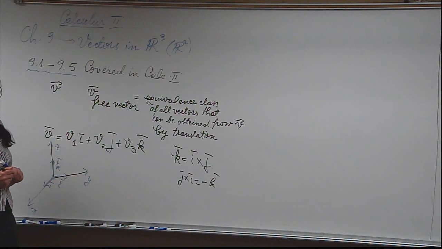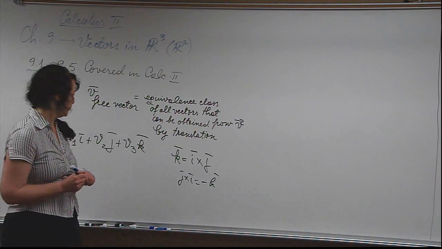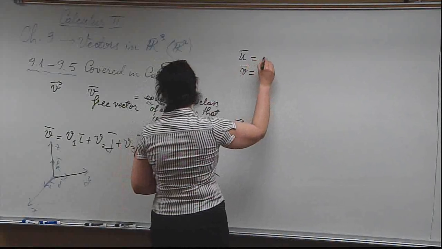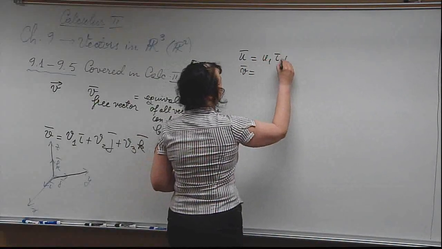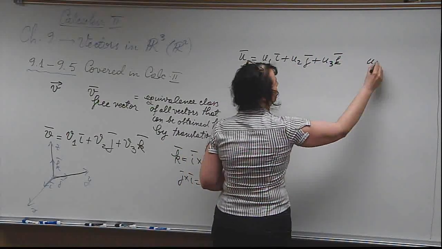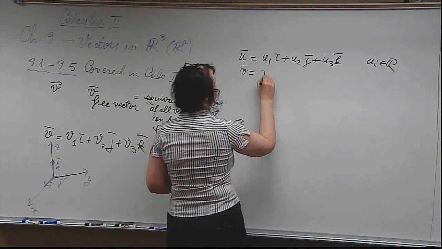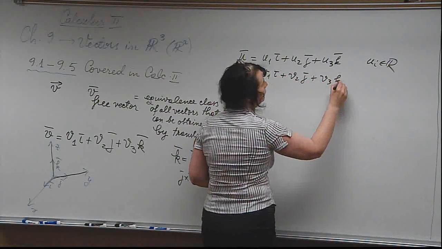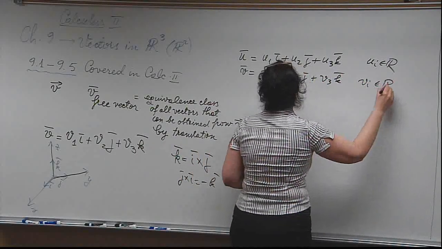What do we know about the respective products for vectors in space or in plane? If you have two vectors in their standard basis, U1i plus U2j plus U3k, where ui is a real number, and V1i plus V2j plus V3k, where vi are again real numbers.